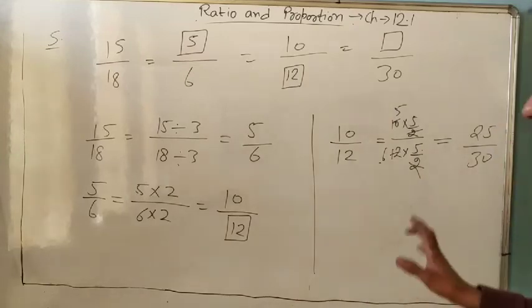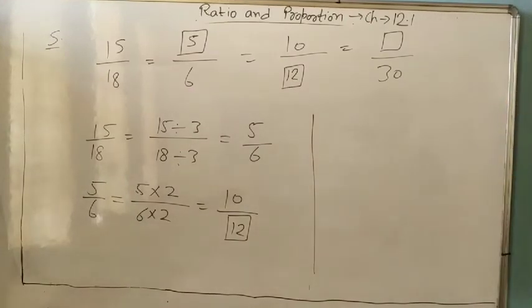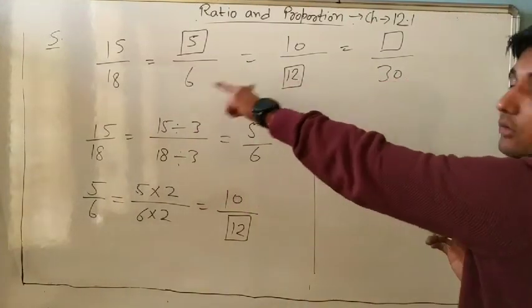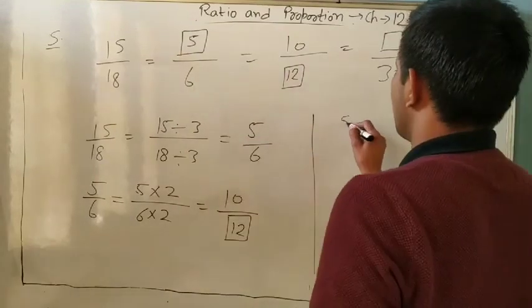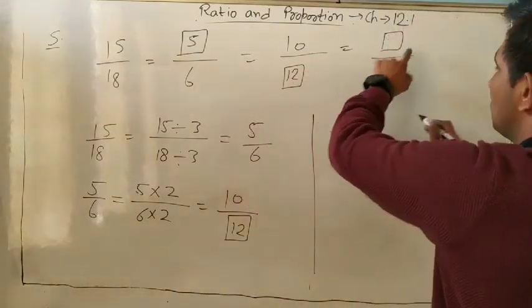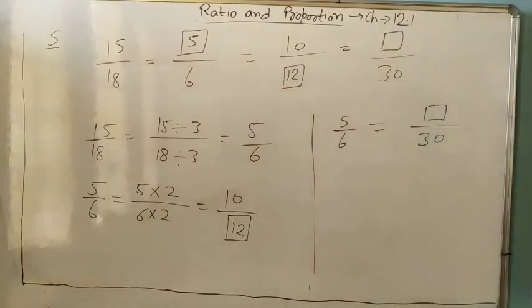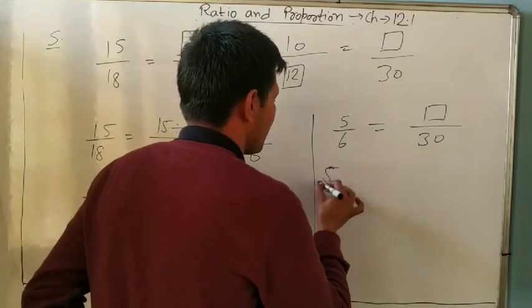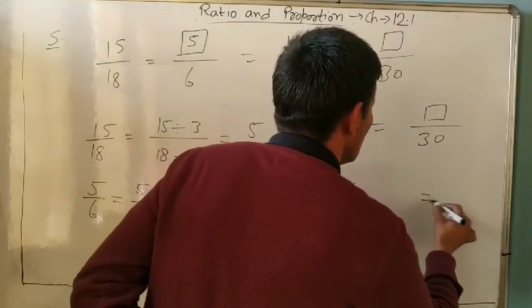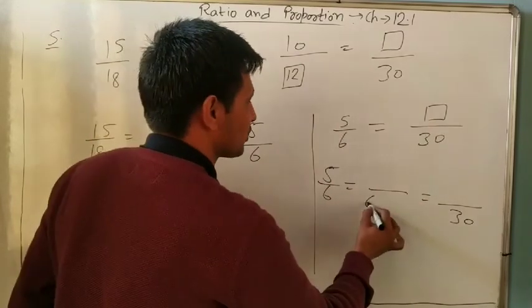And if you do not understand this one, you can take this one also. Yes, everyone knows all are equal or not? It means 5 upon 6 equals this one and equals this one also. Is it 30 or not? You can take 5 upon 6. So 5 upon 6 equals blank over 30. So what number do you multiply or divide 6 by?